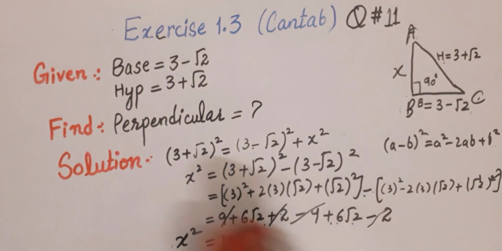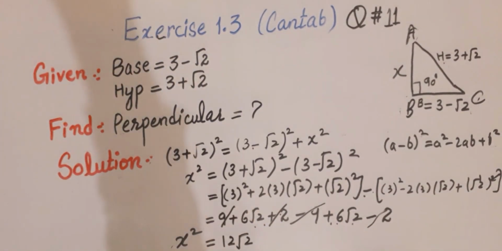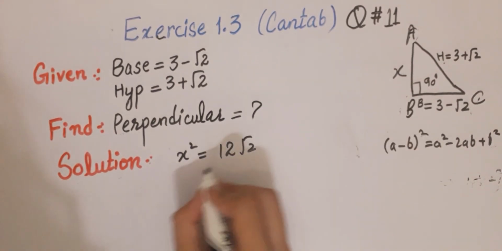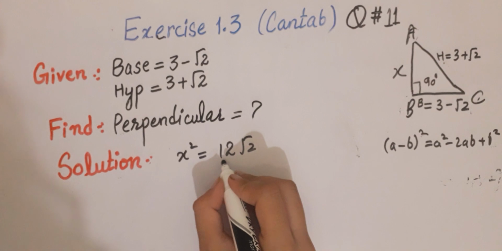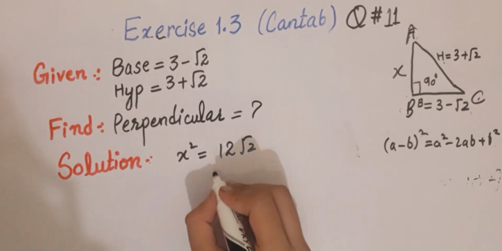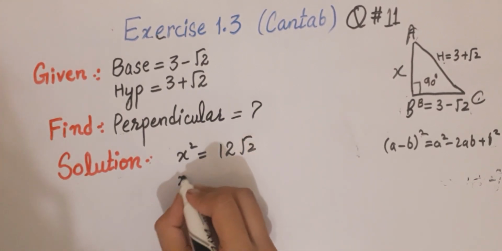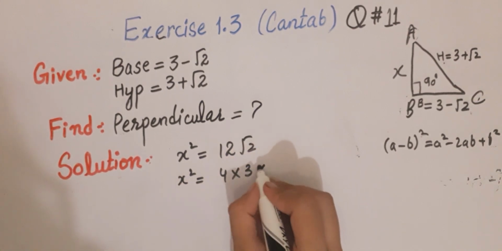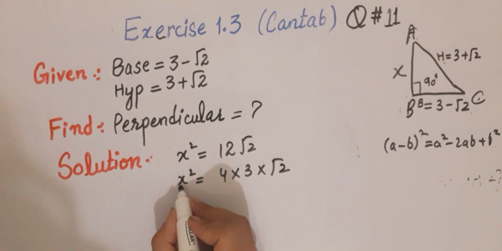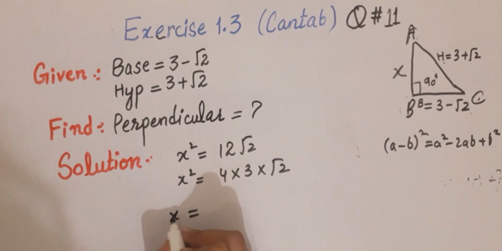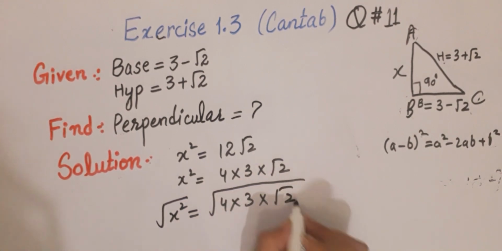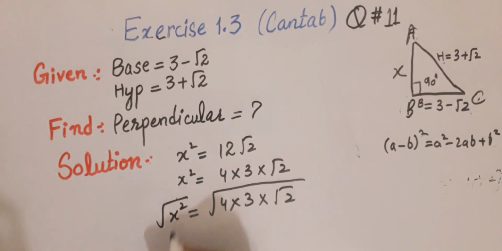Now we will solve this further. Now we have to find the value of x. We can write 12 as 4 multiply 3 multiply square root of 2. We have to find the value of x. For this purpose, we will take square root on both sides. Square root of 4 multiply 3 multiply square root of 2. Now this square will be cancelled by this square root.